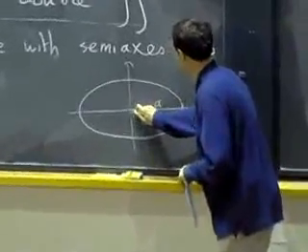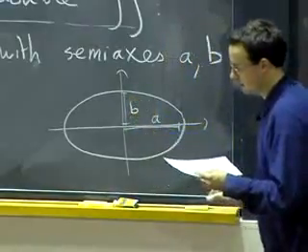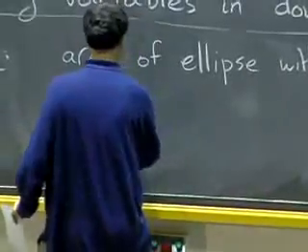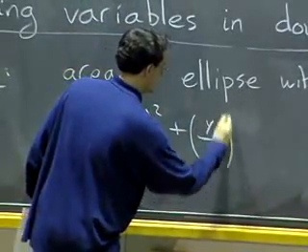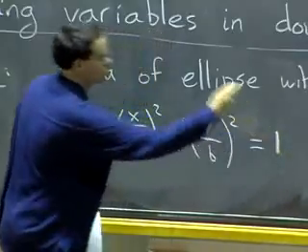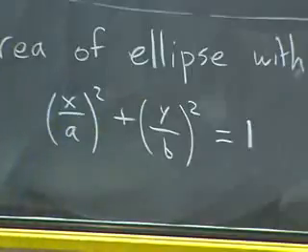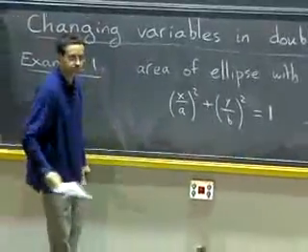There's A and there's B. And the equation of that ellipse is (x/A)^2 + (y/B)^2 = 1. Well, that's the curve. And the inside region is where this is less than 1. It's just like a circle, but where you have rescaled x and y differently.